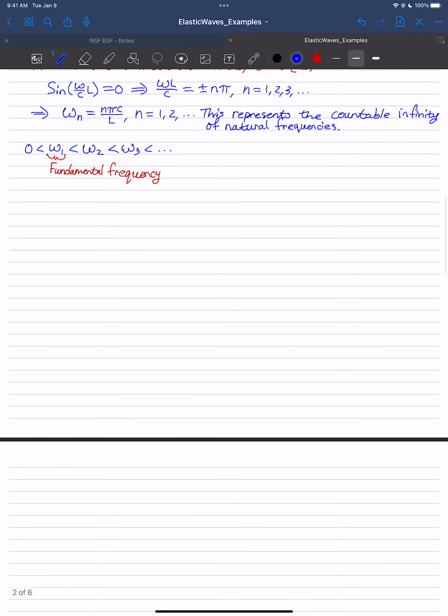Okay, so with that in mind, then we can write that each natural frequency, let's say omega sub n, corresponds to an eigenfunction. And again, the eigenfunctions are also called mode shapes.